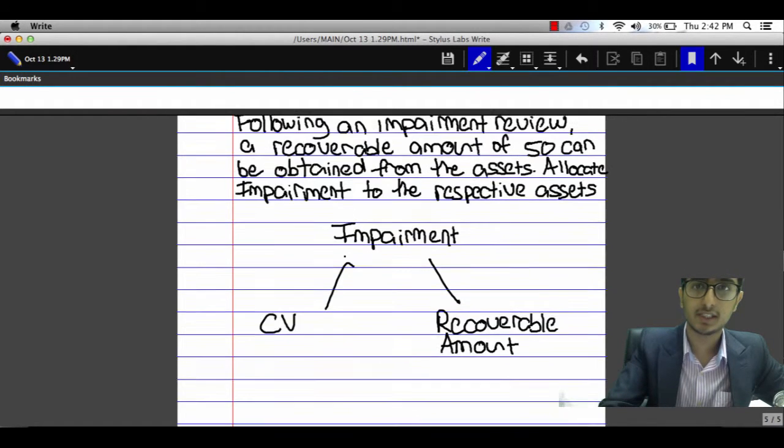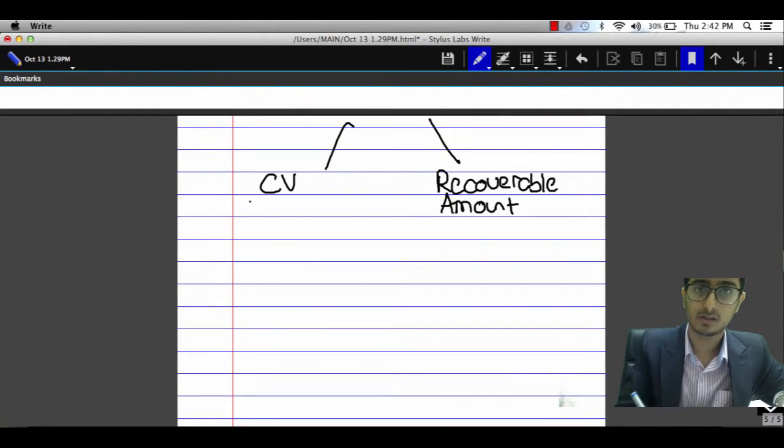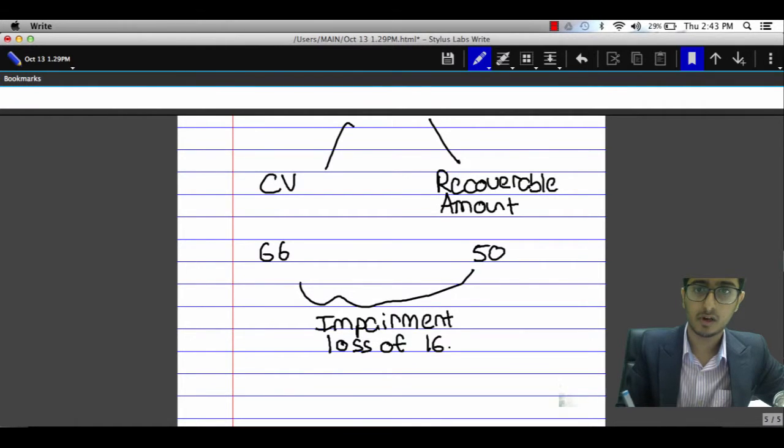If you see from the suggested scenario, we have a total carrying value of 66 and we have a recoverable amount of 50. So can I say that actually we have an impairment loss of 16? Why? Because now my carrying value is greater than my recoverable amount.